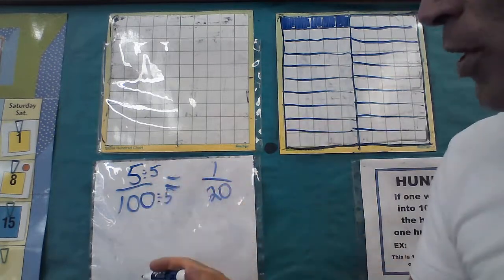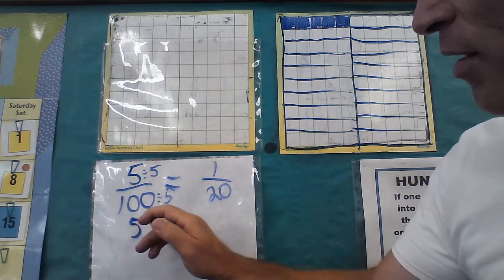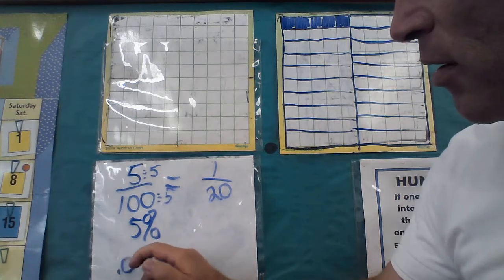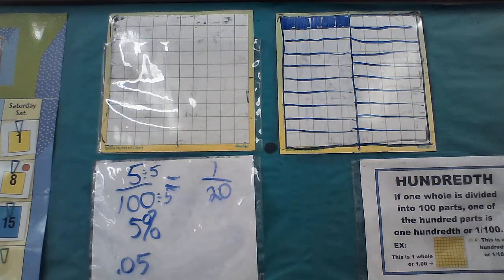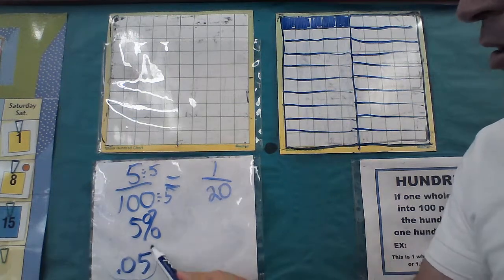Now, what we can do with this as well is we know that 5 out of 100 is 5%, and we also know that it's 5 hundredths. And if you look at here, see the hundredths right here?